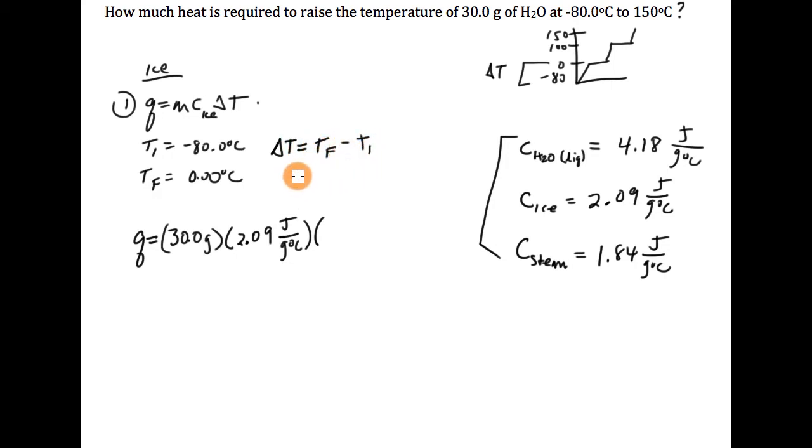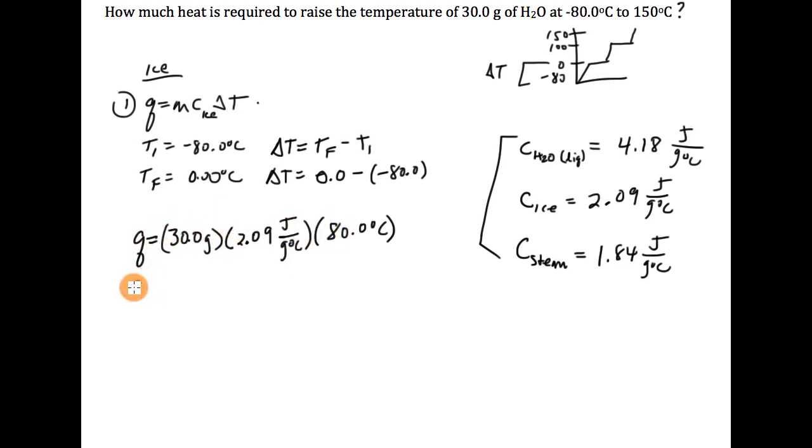So in this case, my change in temperature will be 0, because it's my final, minus a negative 80. And this is important because the change in temperature is going to dictate the sign notation. Because I'm increasing the temperature, this will be positive. Okay, these are always positive. This is positive. My heat transfer is positive.